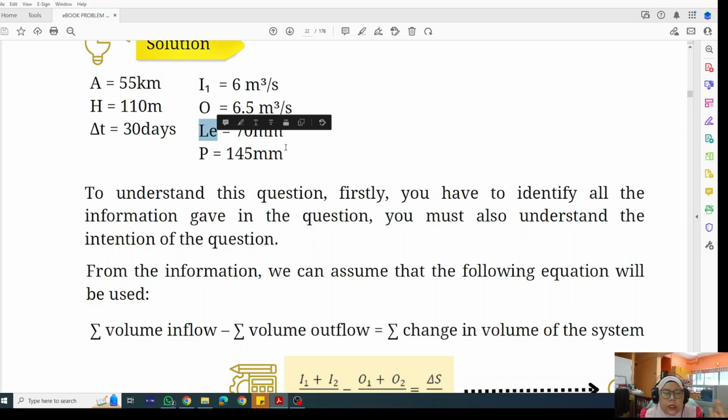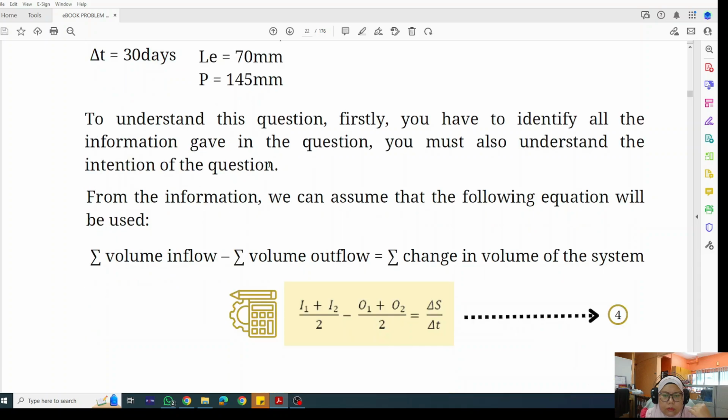And then precipitation also can be considered as inflow to the system. So we can conclude that LE is O2 and P is I2. So we have I1, I2, O1 and O2.